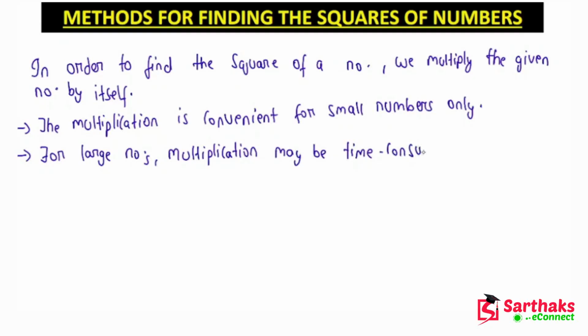You can call it tedious, or you can also call it laborious, that is, it is kind of doing labor work. So this method is not very convenient for all numbers, and that is why we shall discuss some other methods to calculate the square.